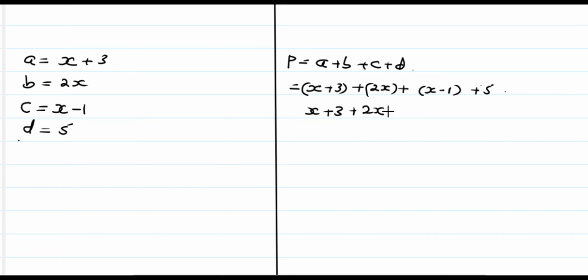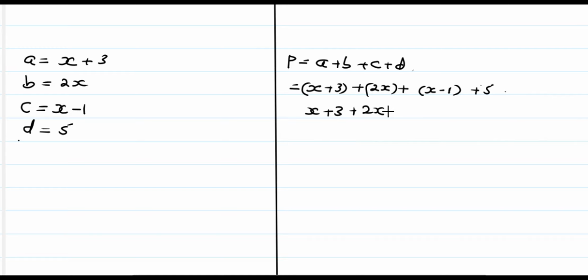And from there I can group like terms together, and now it becomes x plus 2x plus x, then plus 3, then minus 1, then plus 5, like that. Then I can add these variables, which is x plus 2x plus x.